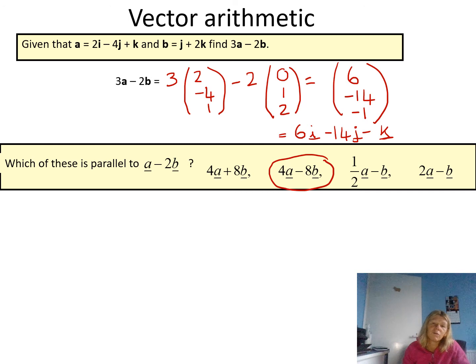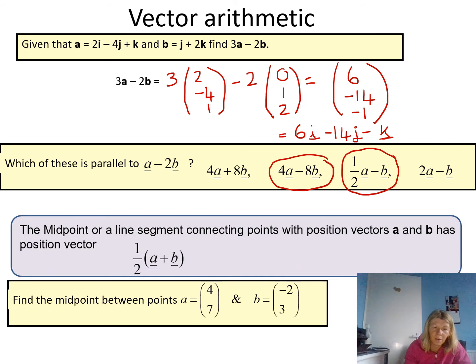Yeah, because if you multiply that by 2, you get a minus 2b. So that's one as well. And that one? No. So they have to be multiples of each other. So we're looking for multiples of a minus 2b in order to make those decisions.